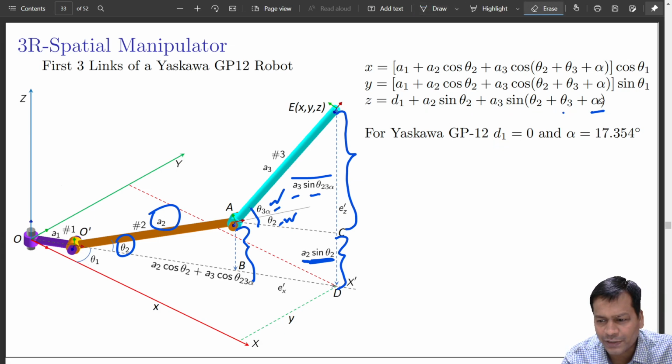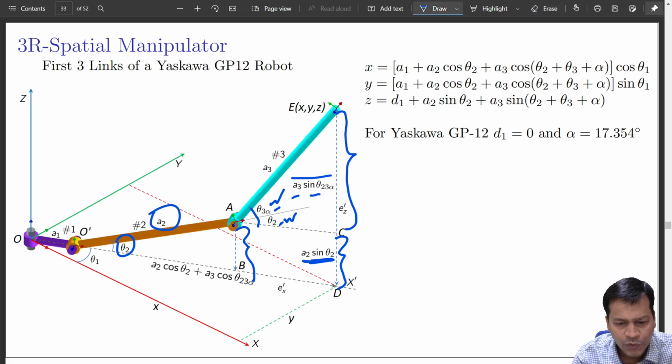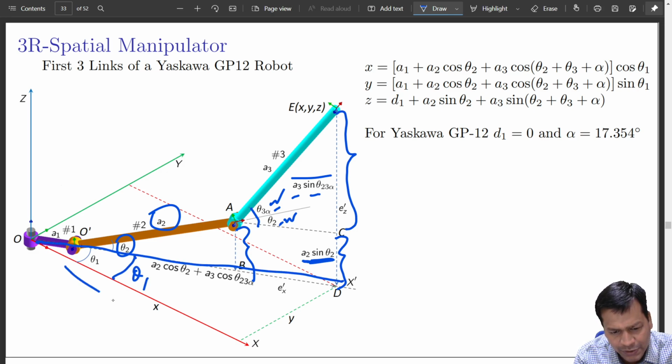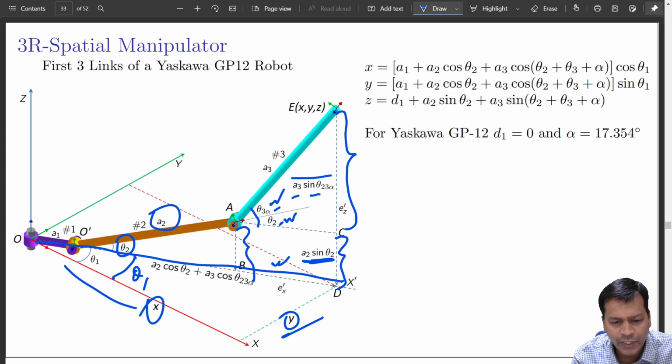Now how much is X? We have done it earlier. So X will simply be, if you take this distance, cos theta 1 of this is X, sin theta 1 of this is Y. And how much is this? This is A1 plus this.